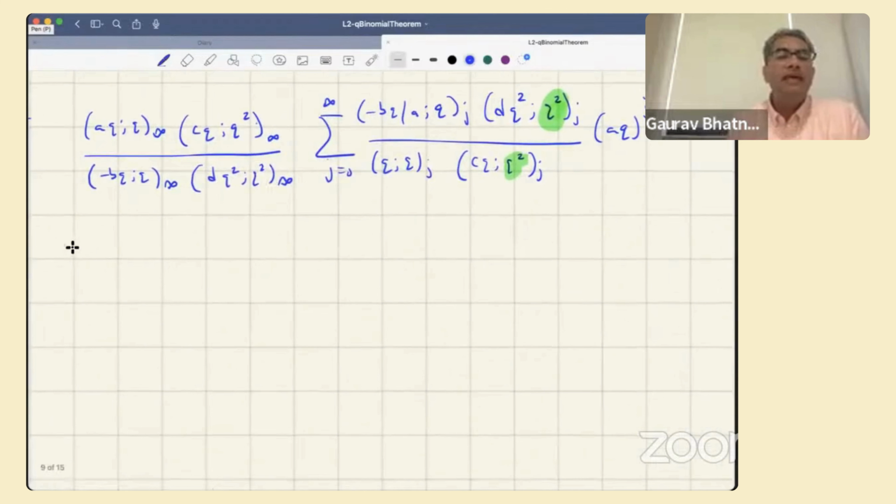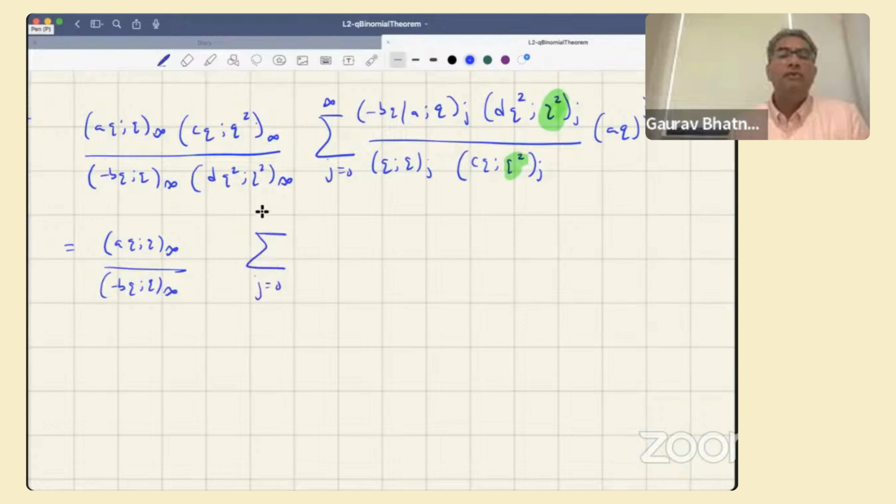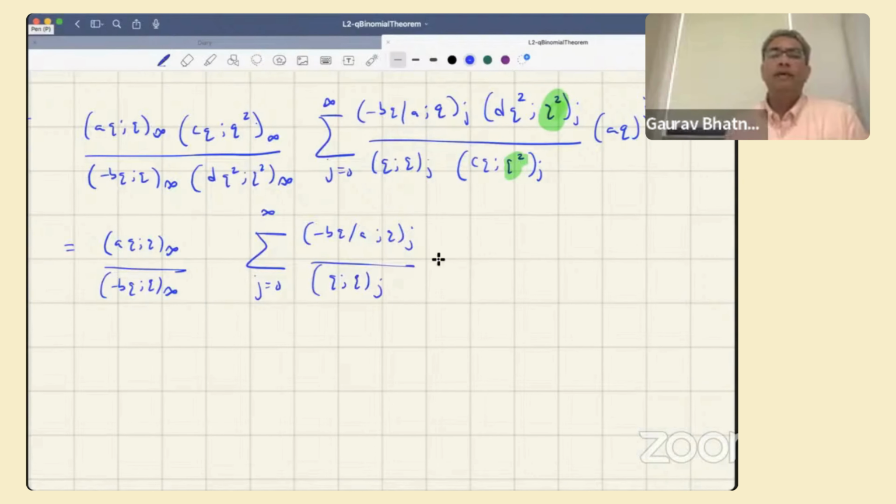The left-hand side. So we just expand this guy, d q square infinity, and this will cancel this chap. So it's just a q infinity over minus b q infinity. This will cancel, and we'll get some j going from 0 to infinity, minus bq over a, q sub j and q sub j. And then this chap will be written as m going from 0 to infinity.